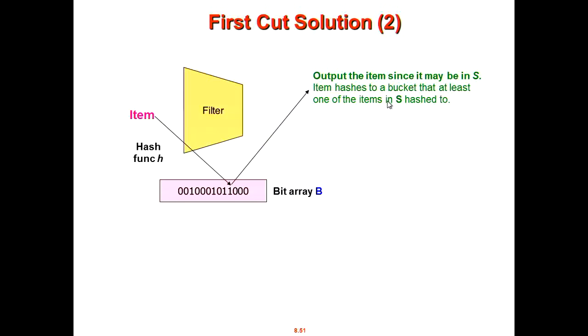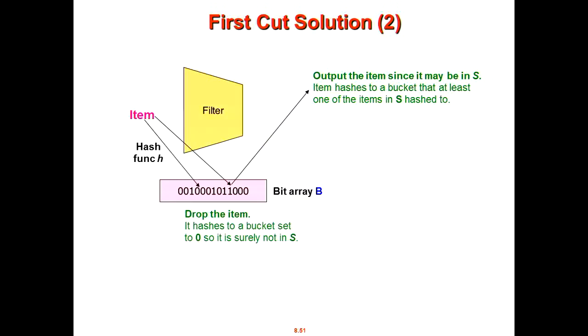If it is 1, we output this item because it may be in S. If it is 0, we know that it cannot be in S, right? It means the hash value of this element is not the same as the hash value of any element in S, so definitely this element is not in S. But if the corresponding bit is 1, the hash value of this element is the same as the hash value of some element in S, so possibly this item may be in S. That's the difference between 0 or 1 for the corresponding bit.